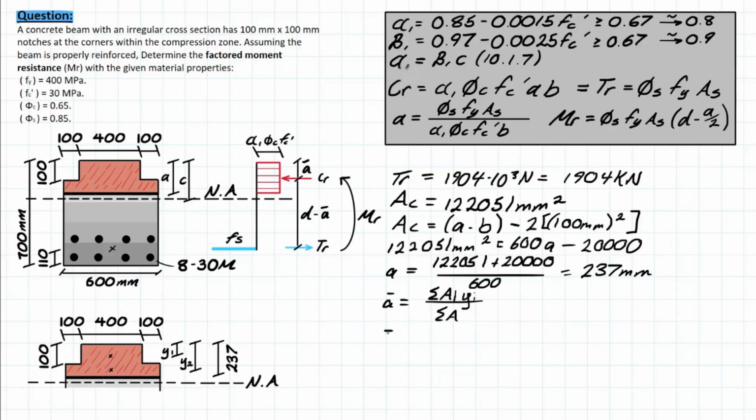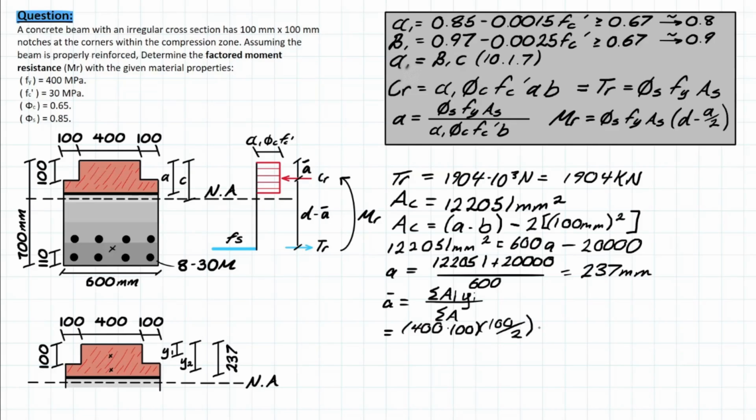So what that looks like for our case is something like this. We imagine that this is our first section here, just at the cutoff of where those notches are. So we're going to have 400 times 100 for the depth and the width of this section. And the y value, y1, is simply going to be 100 divided by 2, since it is a rectangular shape.